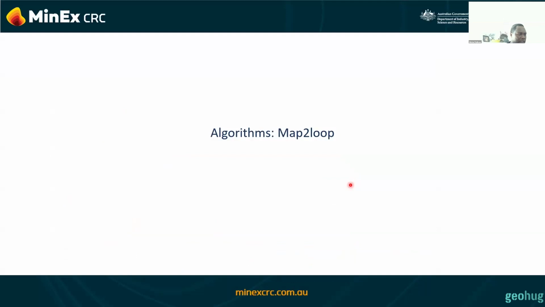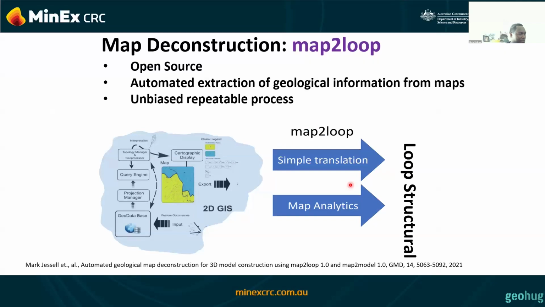So the first algorithm I'll be speaking about is called Map2Loop. You have to think about it as a map deconstruction. You have a 2D map. It is an open source, automated extraction of geological information from maps, an unbiased, repeatable process. It is a 3D geological model input generator.